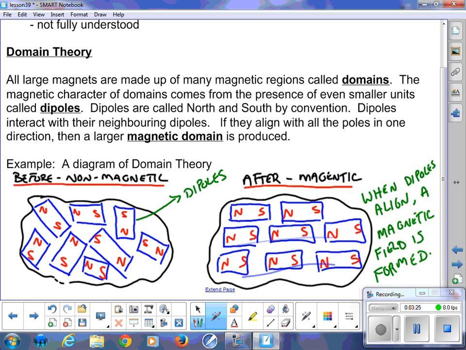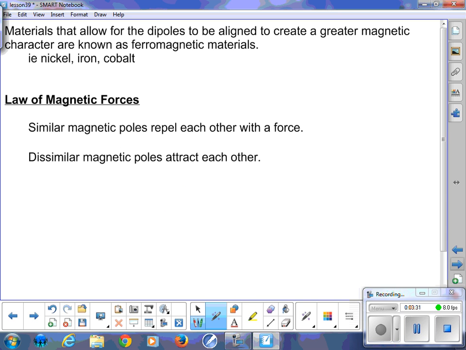And when they align, they create a large magnetic substance. So that is your domain theory. Materials that allow for dipoles to be aligned create a larger magnetic character. We have our nickel, our iron, our cobalt, those types of material have a greater magnetic character.